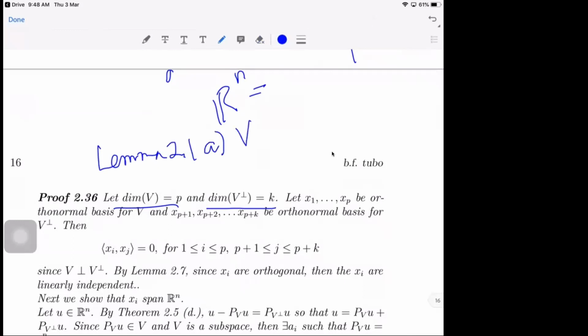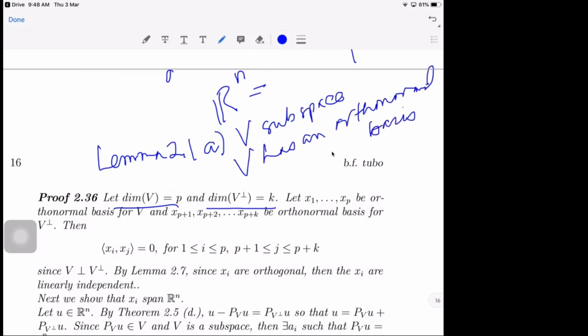It says here that if V is a subspace, then V will always have an orthonormal basis. So kung subspace siya, naay na siya iyahang kaugalingon orthonormal basis. So because of that lemma, that orthonormal basis always exists for a subspace, we can always let's say x1 to xp.